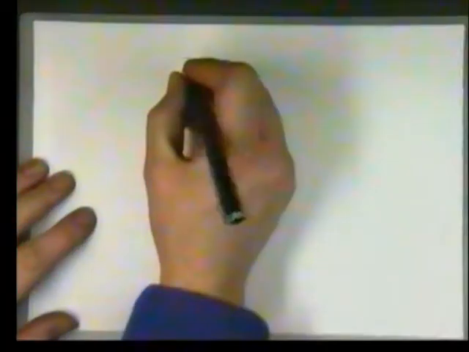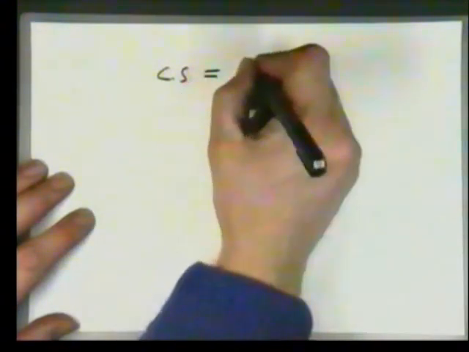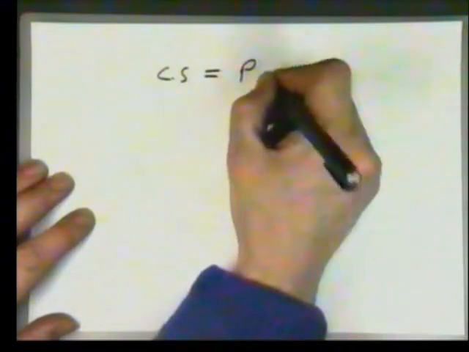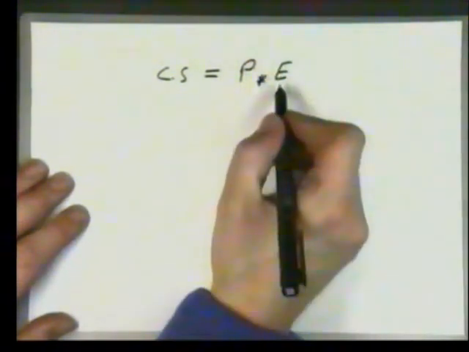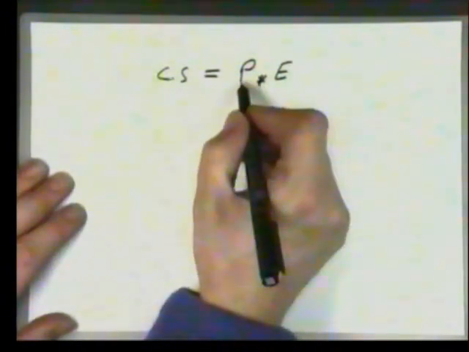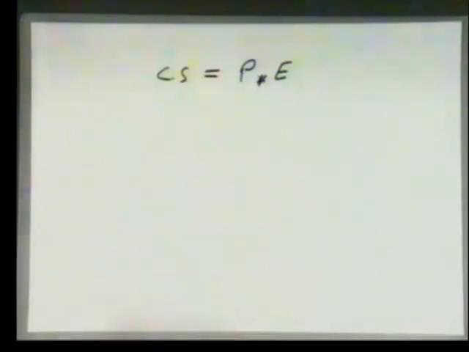That is, the control signal equals some constant, the proportional control term, multiplied by the error. So the greater the error, the more we drive our system. The less the error, the less we drive it. And the idea is that we glide into our set point.